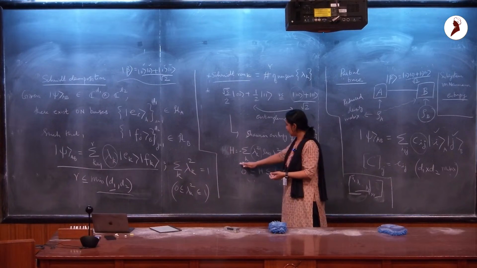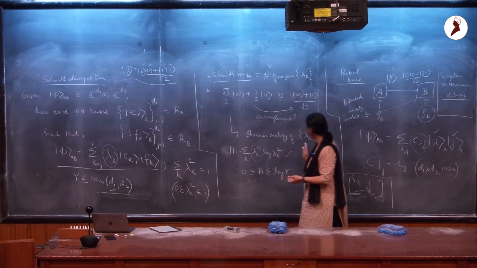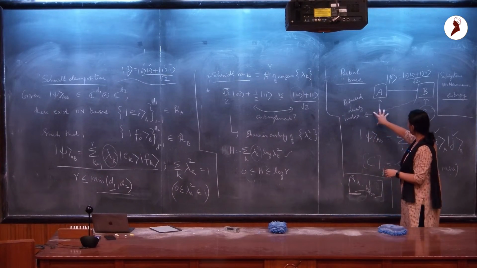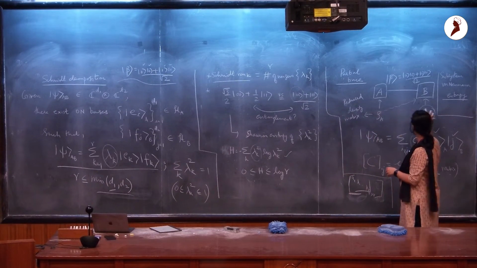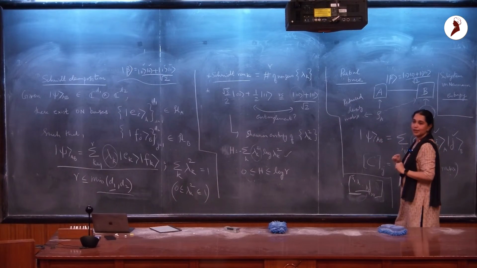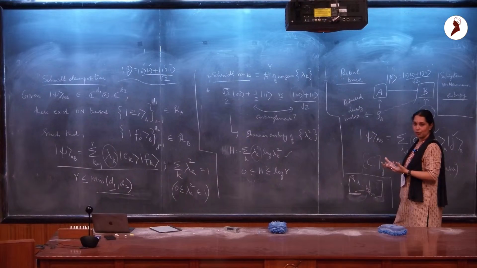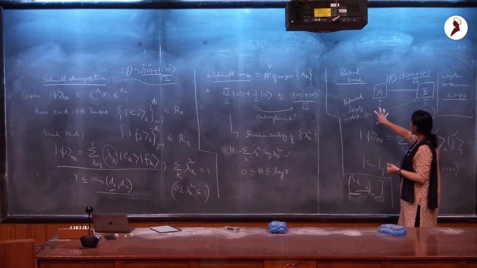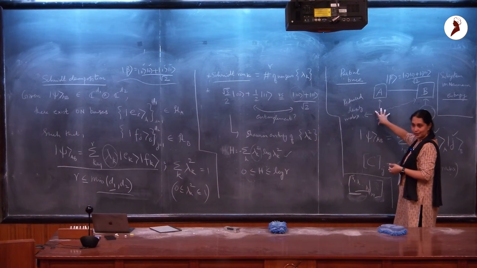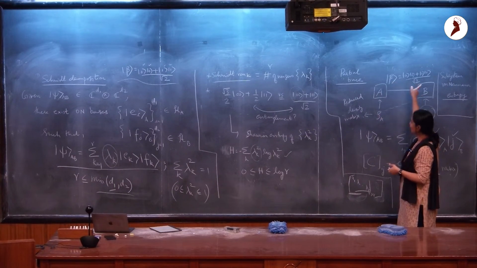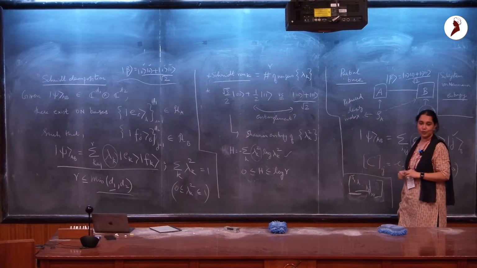And so what I wrote down as the Shannon entropy of these coefficients is nothing but the Shannon entropy of the eigenvalue distribution of each of these subsystem density operators. And so this entropy quantifies how uncertain I am about the local description, which then tells me how entangled my joint pure state is.